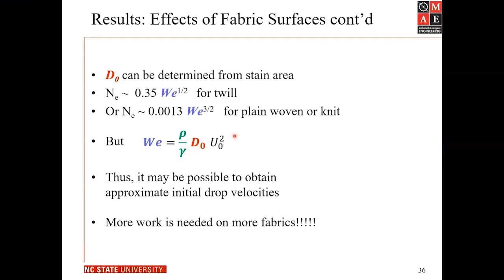D0, which we just measured, and so that gives us our velocity. And so it may be possible, by looking at the ejected drops and looking at the stain size, to extract the velocity and size of the drop together. Again, as I said, more work is needed to verify this, but it points to potential of analyzing stains on fabrics in more detail than what has been possible in the past.